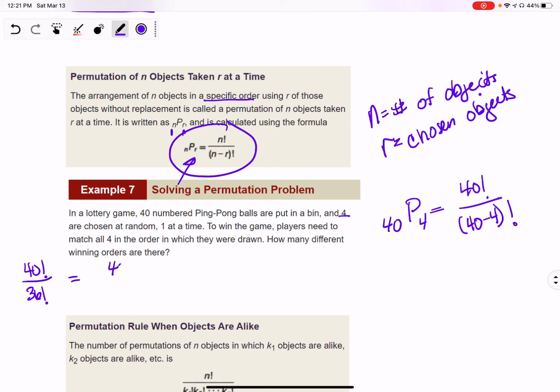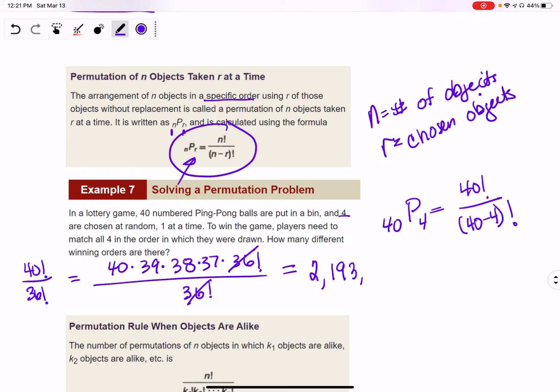So this is where cutting it down comes in handy. 40 times 39 times 38 times 37 times 36 factorial. That 36 can cancel with this 36, leaving just those top numbers that we need to multiply. Punch those into your calculator, and you get 2,193,360.